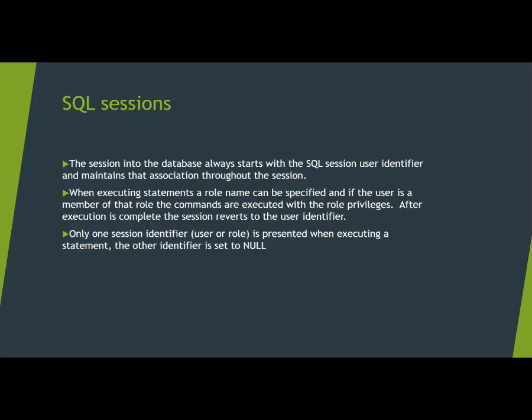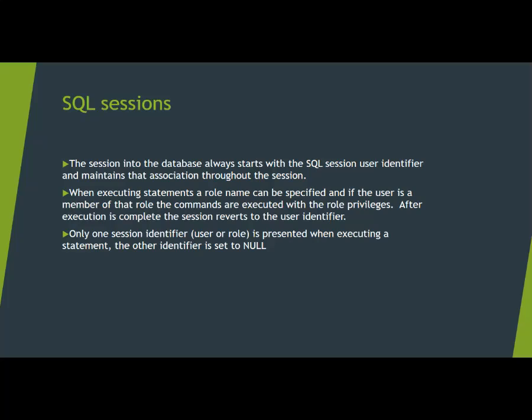So the last one down here: only one session identifier is presented when you execute a statement. The other identifier is set to null. That's kind of odd to think about. Looking on page 130 in the book, the graphic shows your SQL session.